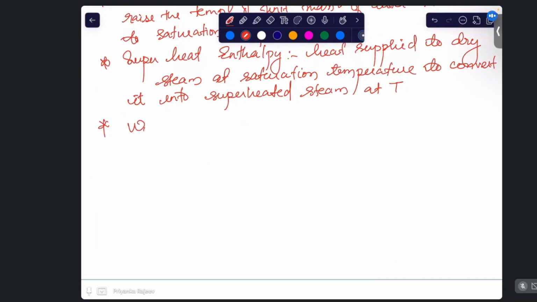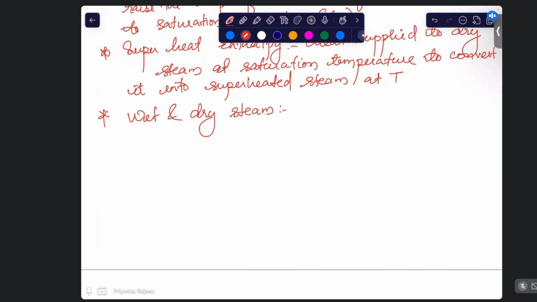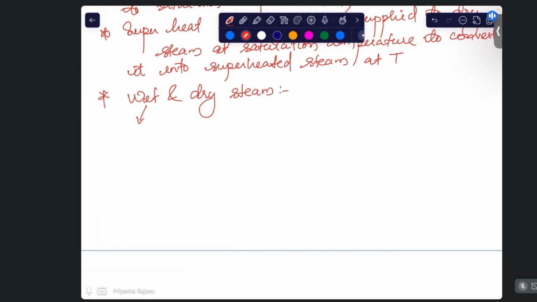Now, wet and dry steam. Wet steam means steam which is partially evaporated and has water particles in suspension, that is, steam which has moisture content in it.